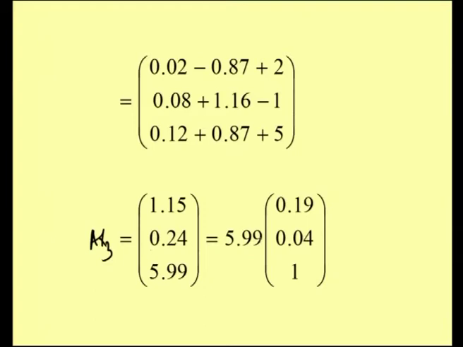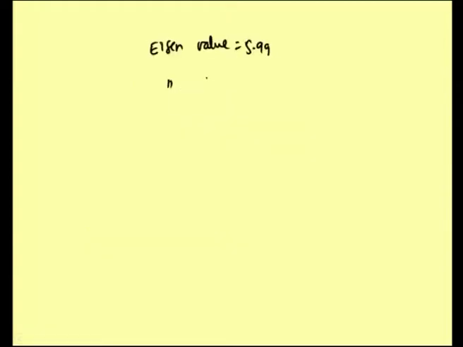Among these 3 elements 5.99 is dominant, so it is taken outside. 1.15 divided by 5.99 is 0.19, 0.24 divided by 5.99 is 0.04, and 5.99 by 5.99 is 1. So the eigenvalue is 5.99 and the eigenvector is 0.19, 0.04 and 1. This is our x4.